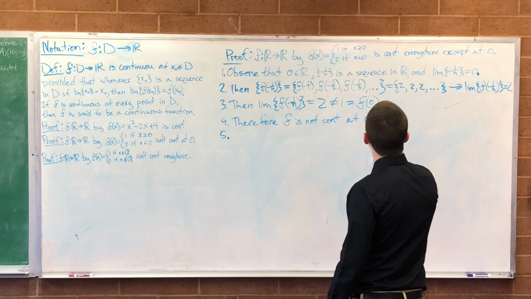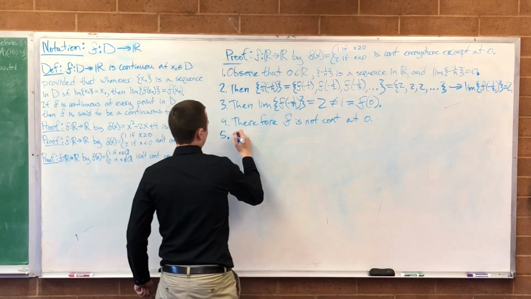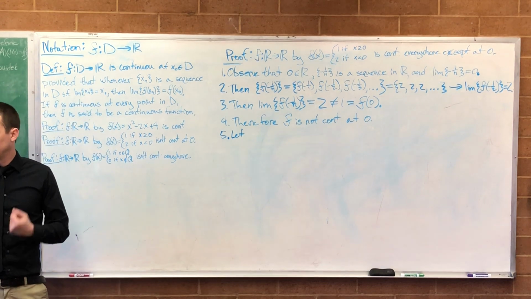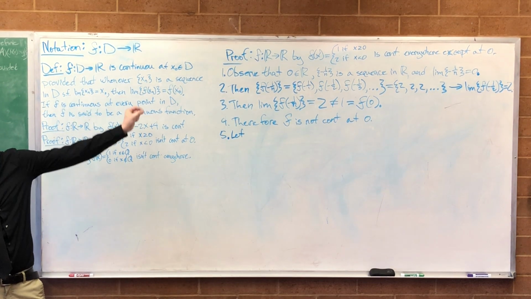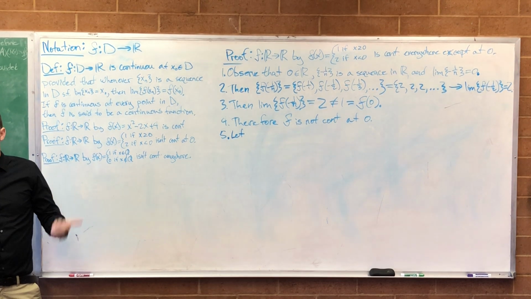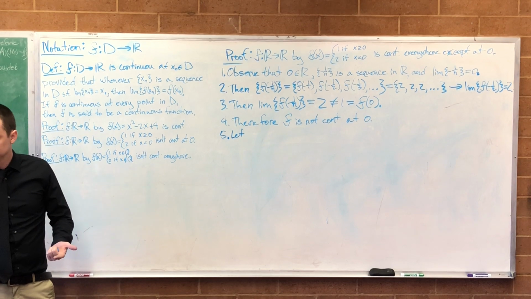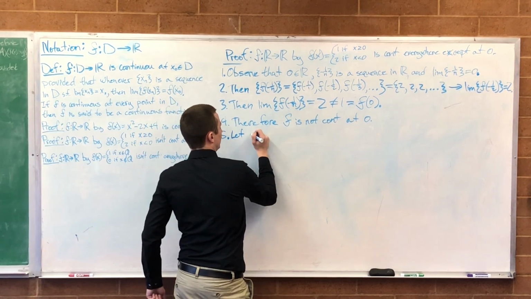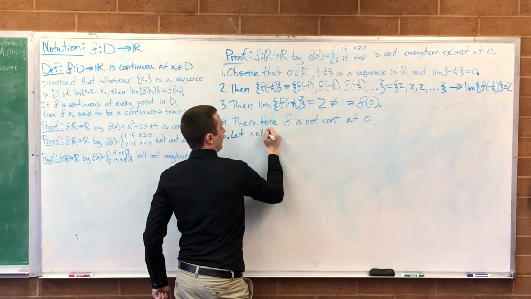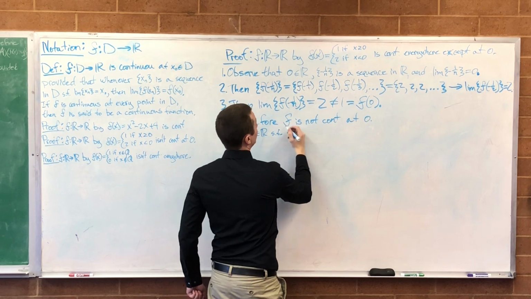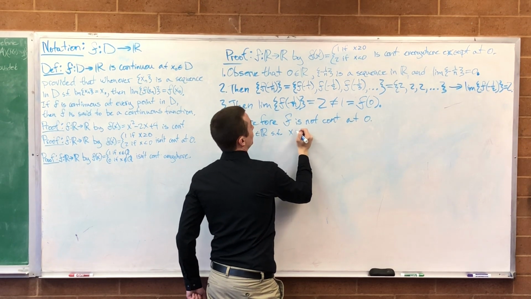Okay, so now we need to handle the two cases. We know that we've handled the case where x is 0. Now we need to show that if x is greater than 0 or x is less than 0, then it's continuous at that point. Right? So now, let x in R such that x is, which one should we do first?